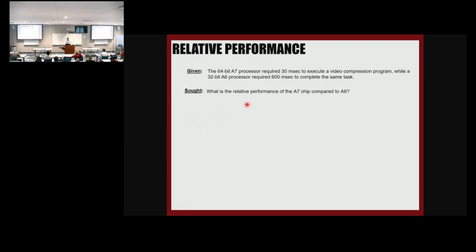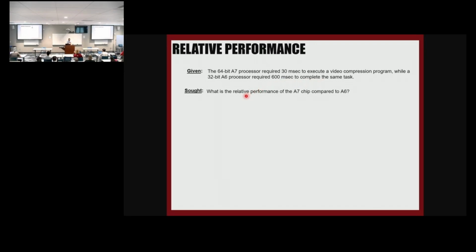All right, we have a question here. You just try and see if you can solve it. We have a 64-bit A7 processor that needs 30 milliseconds to execute a video compression program. And then we have a 32-bit A6 processor that needs 600 milliseconds to complete the same task.